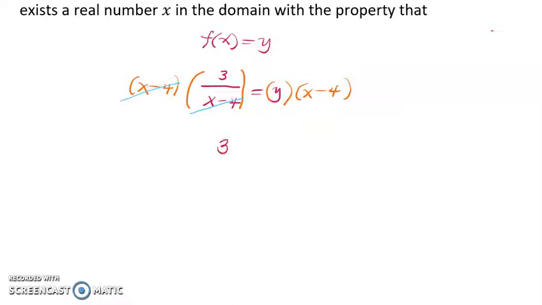So this becomes 3 equals y times x minus 4. Then we multiply y to x minus 4. This one becomes y times x, or just x times y, minus 4y.